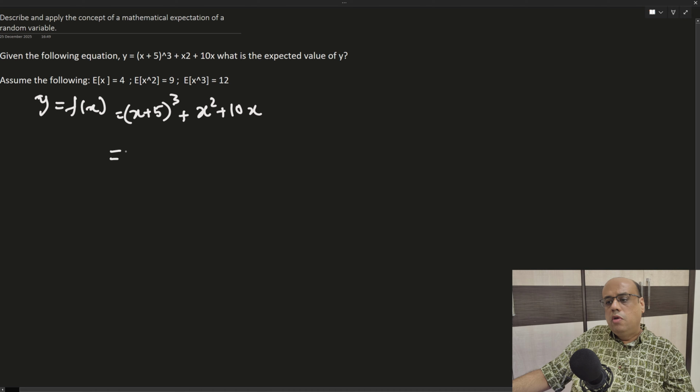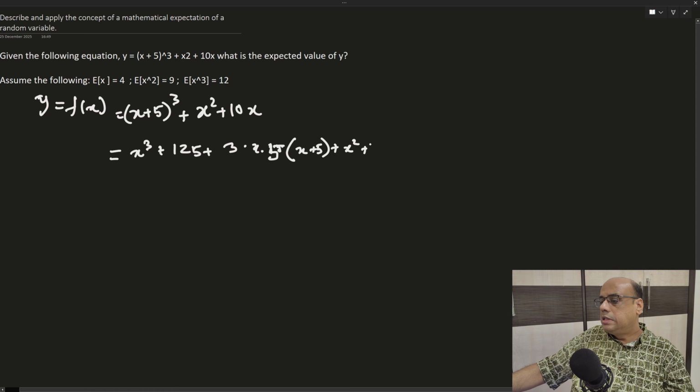So a plus b whole cube formula we have to use. x cube plus 125, means a cube plus b cube, plus 3ab, 3 into x into 5, times (x plus 5), plus x square plus 10x, which is equal to x cube plus 16x square plus 75x plus 10x is 85x plus 125.